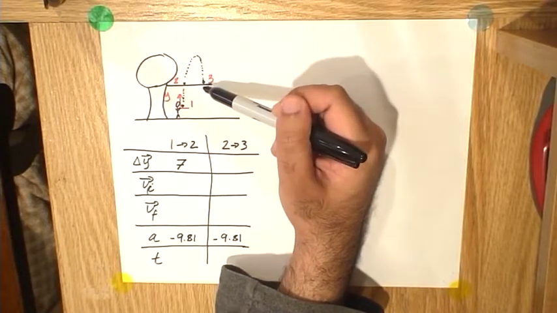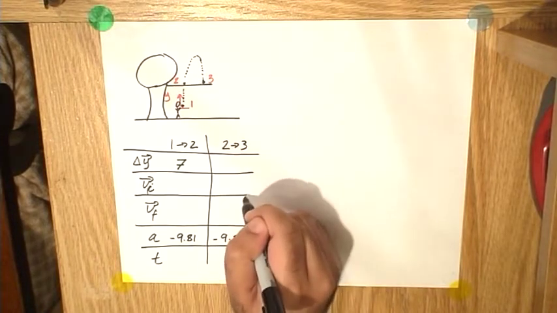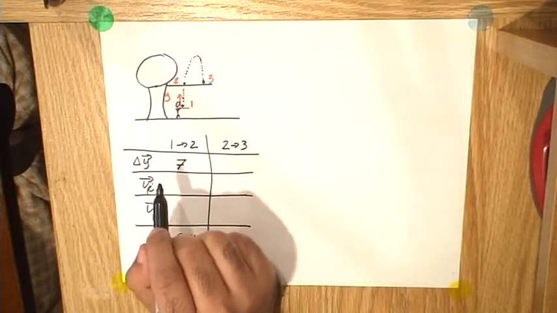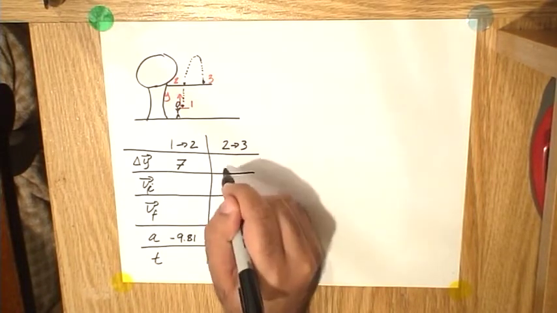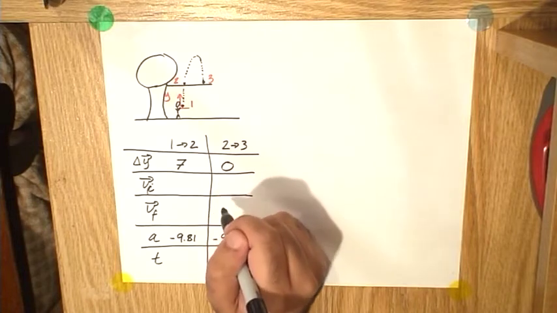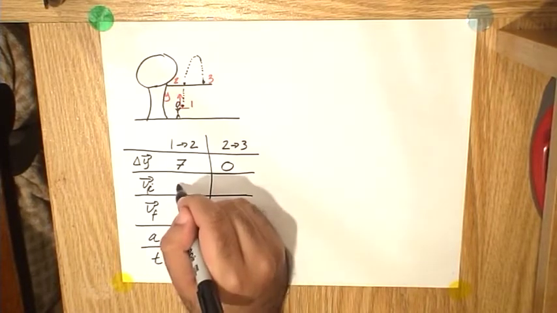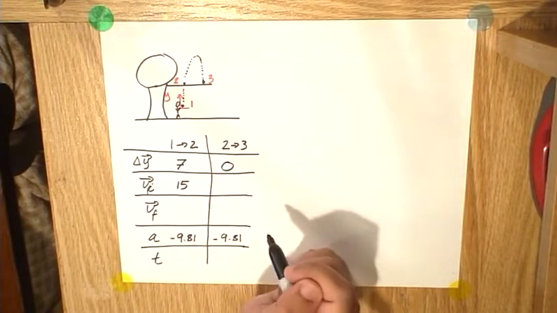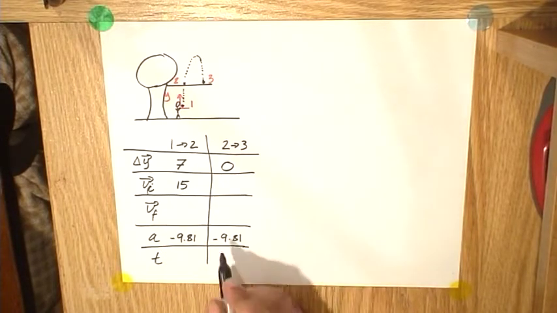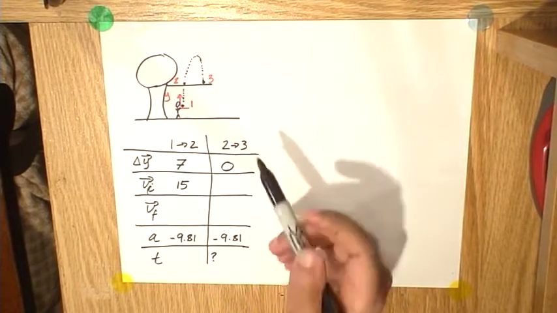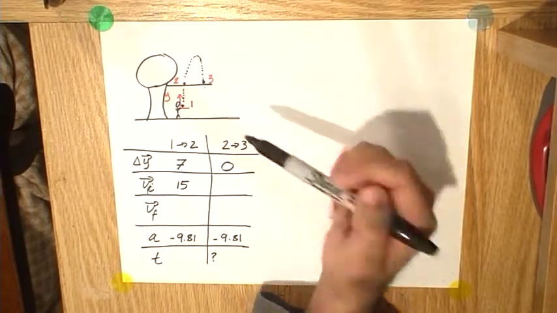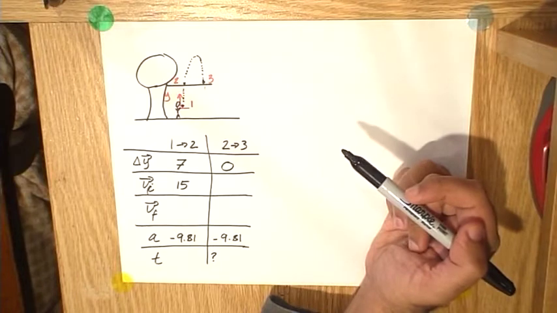It's at the same height in both cases. So that means that the displacement between those 2 photographs must be 0. Finally, we were told that it was launched at 15 meters per second upwards. That's positive 15 over here. And what we're looking for is this time, the time that elapses between photo 2 and photo 3.